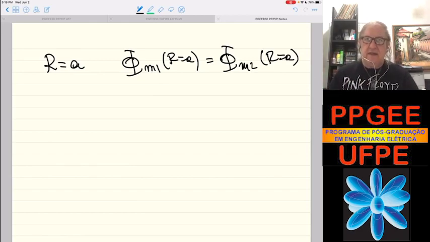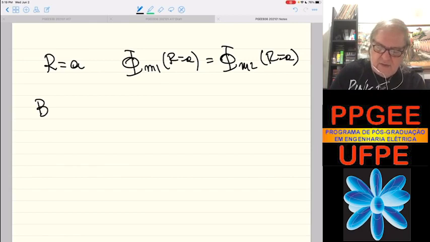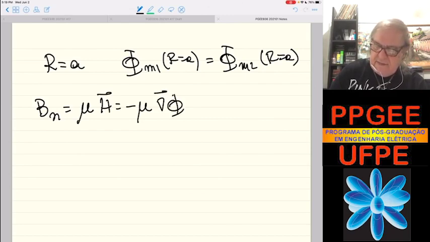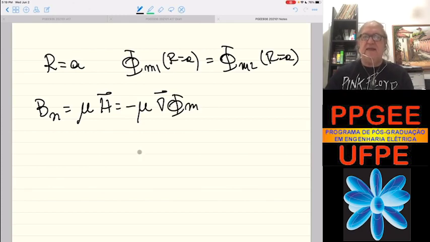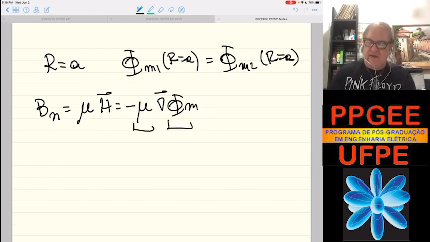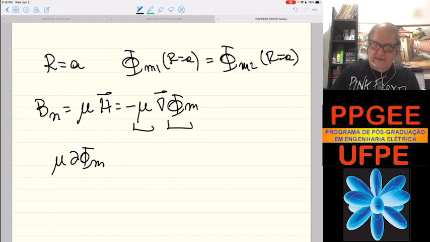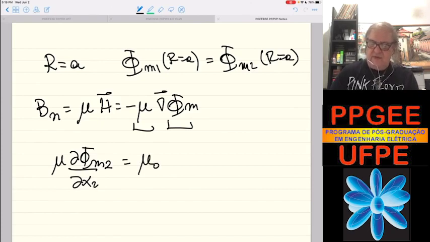The other one is that normal B, which is mu times H, equals minus mu times the gradient of the magnetic potential. So we have a boundary condition in which mu times the normal derivative of the potential at the boundary is continuous. So it means mu times d phi m / dr, with mu 0 outside and mu inside.